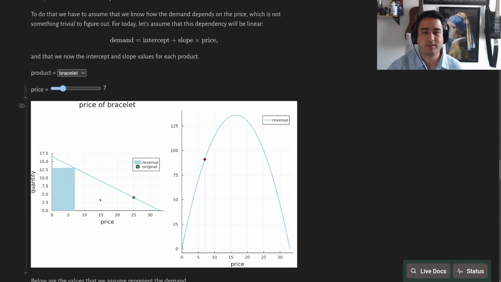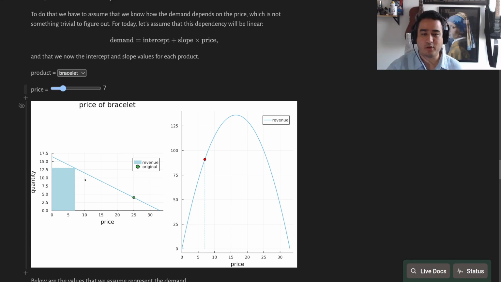The question is how much I make from these bracelets, and how much I make is the quantity that I'm selling times the price. So this blue rectangle here, the area is the revenue, okay? Quantity times price. So that's exactly the revenue. So I'm essentially looking to maximize the area of this rectangle.